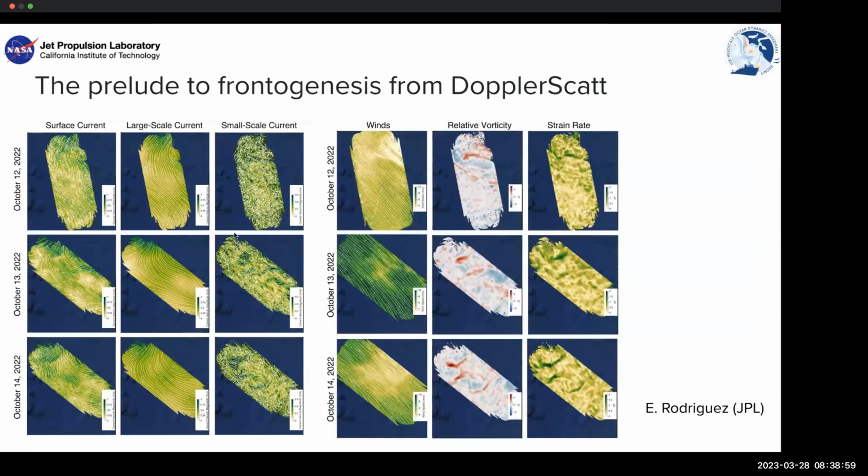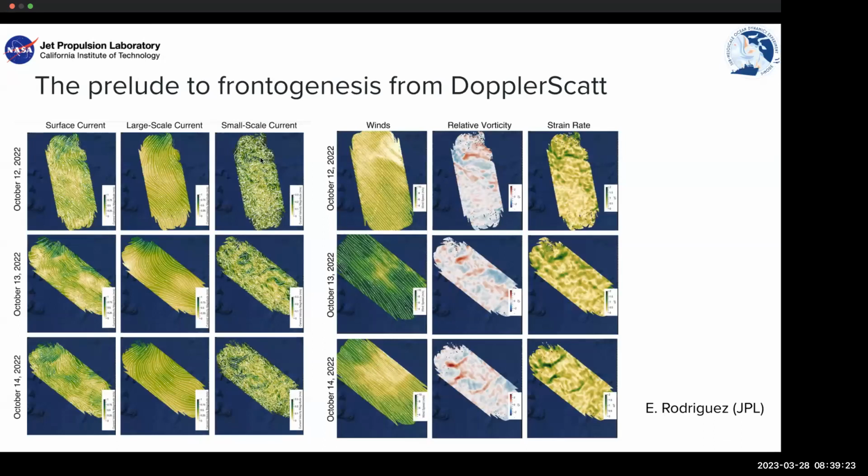And here are what Doppler scat surface currents saw as we headed into the development of this frontogenesis event. This is over 3 days. We could observe the total surface currents, which we decomposed into a large-scale current and a small-scale current.